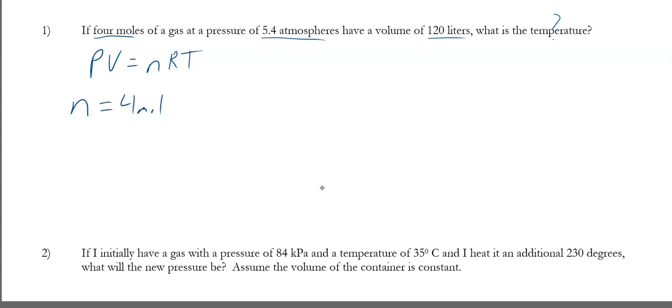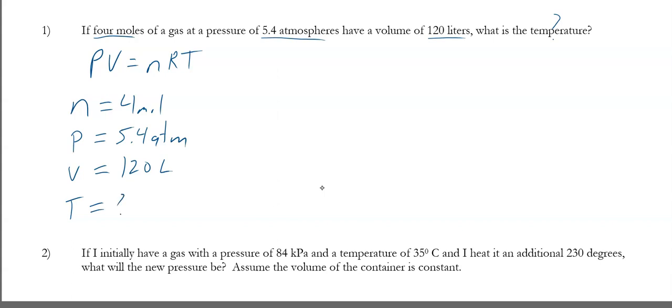And I'm going to write my units here because that's going to become important when we choose our R value that we're going to use. N is 4 moles. We have our pressure is 5.4 atmospheres. Again, units very important there. The volume of this gas is 120 liters. And I'm looking for temperature.